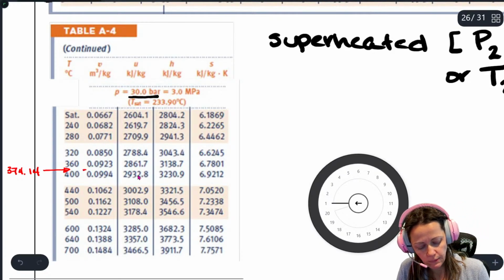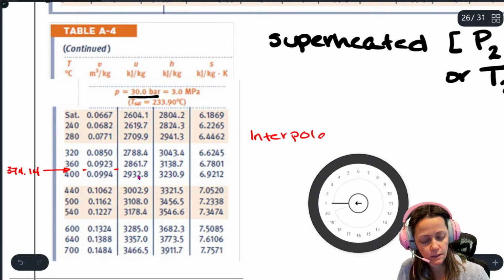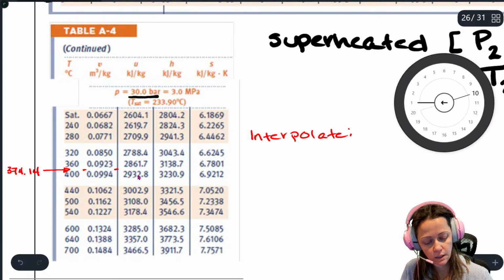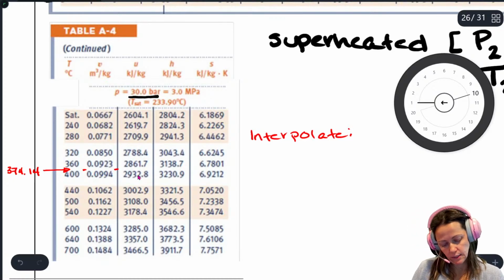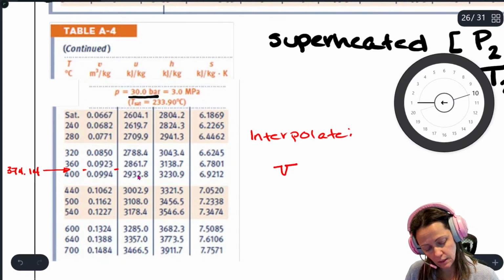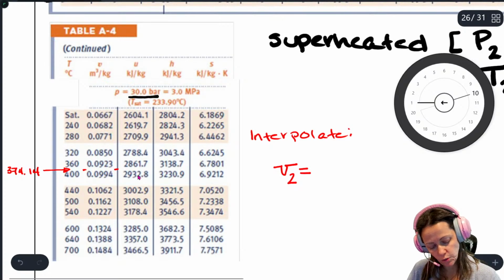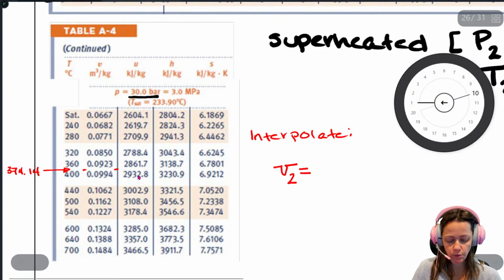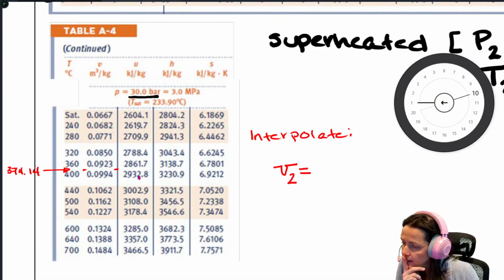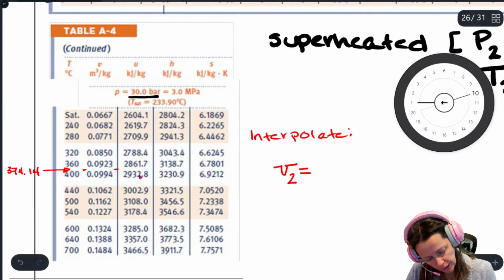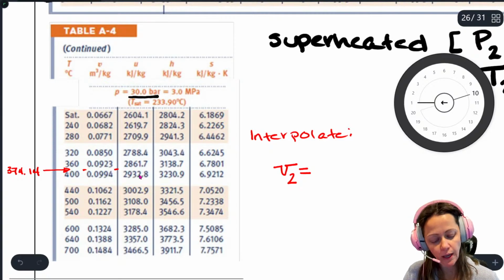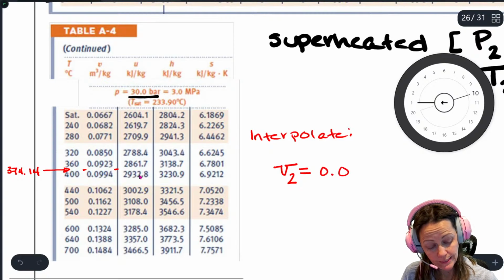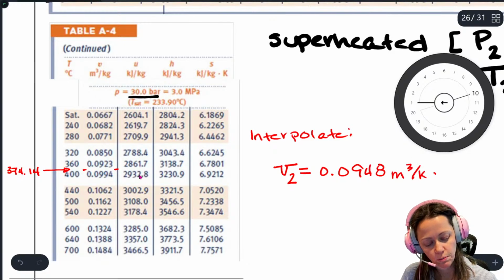And so if I interpolate, which I'm going to do right now, then I would get a specific V2 that's between those two values. So I should get 0.0948. Okay, it does. 0.0948 meters cubed per kilogram.